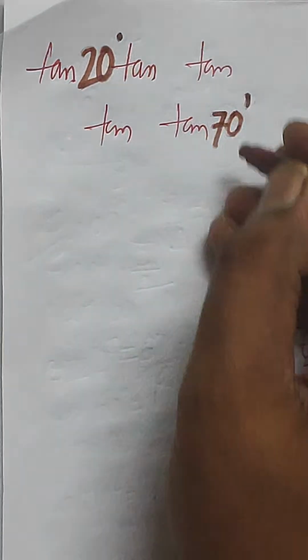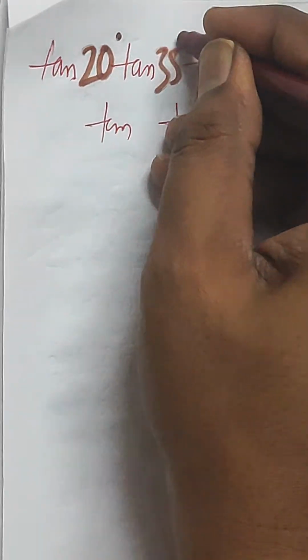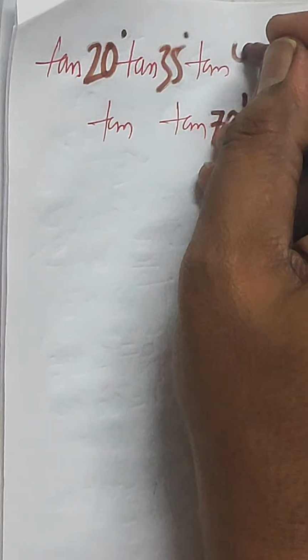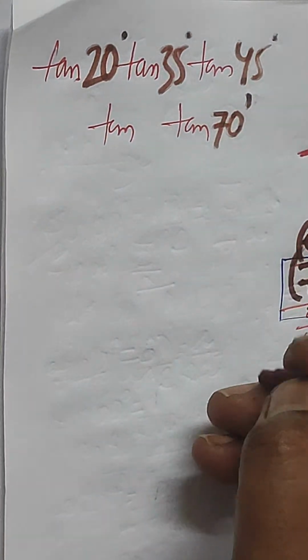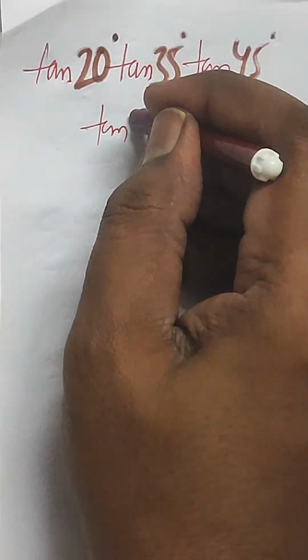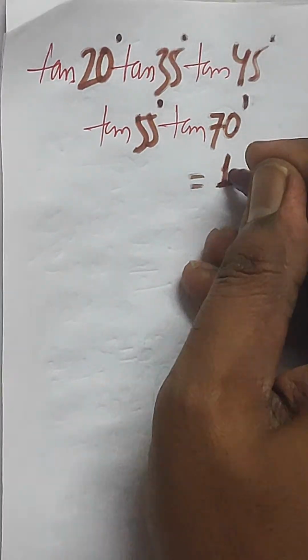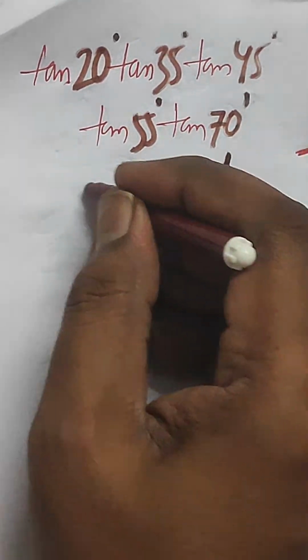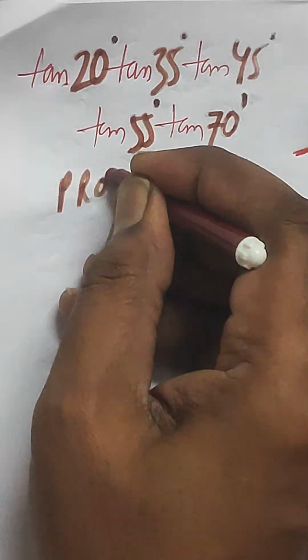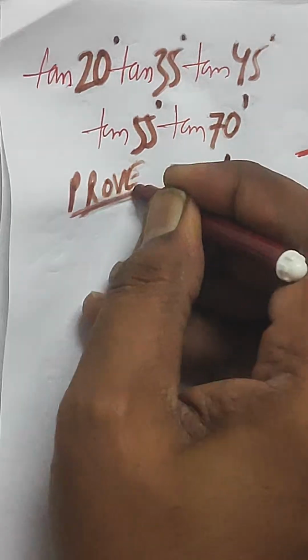Tan of 20 degrees, then 35, then 45. Tan 45 is 1, we know that. Tan 45, then tan 55 multiplied by tan 70 degrees, and all this is equal to 1, right? We need to prove it.